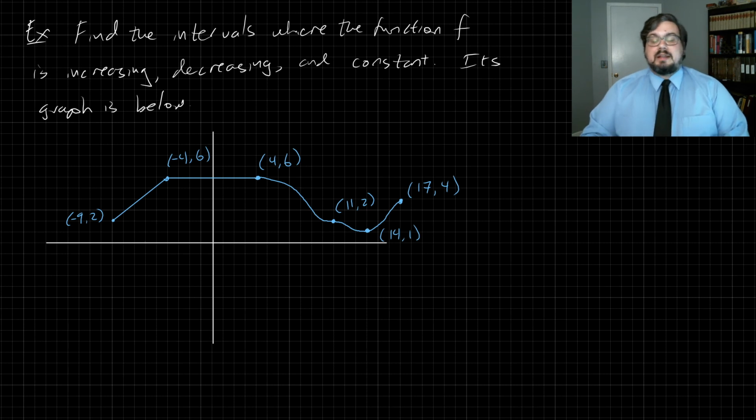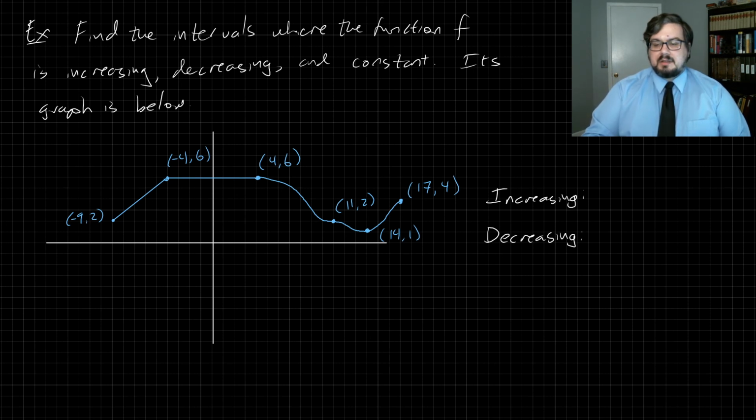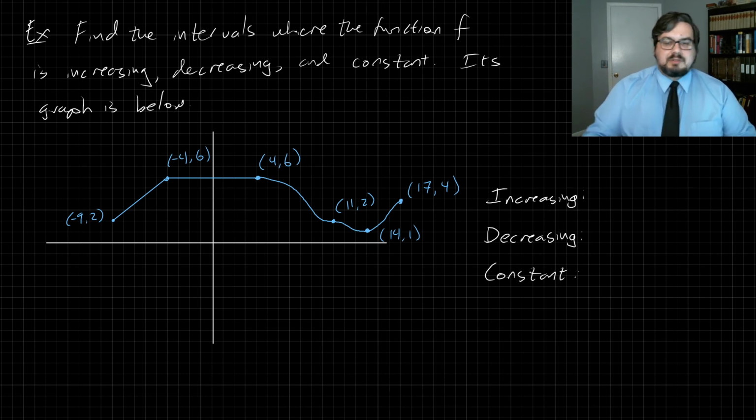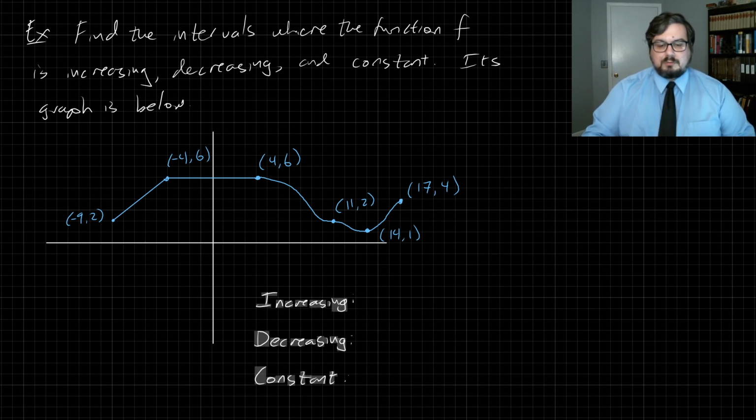So let's try and identify the intervals where this function is increasing, decreasing, and constant. And actually, let me move these down here. We might need a little more room.